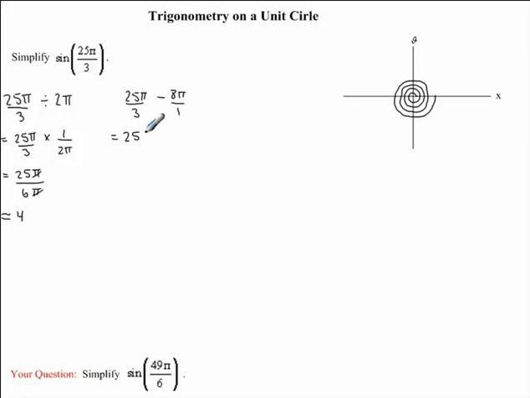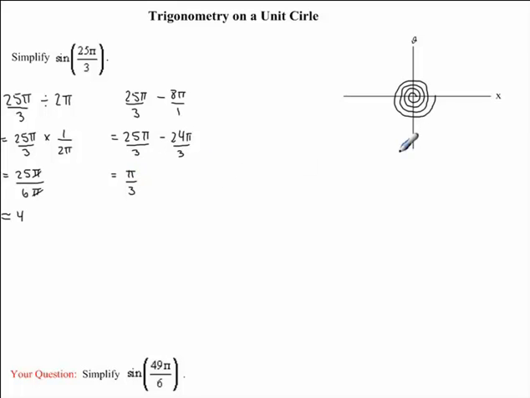So we will have 25 pi over 3 minus, to get 3 as a denominator in our second fraction, we need to multiply the top and bottom by 3. So we will have 24 pi all over 3. Now we're just going to subtract our numerators. 25 pi minus 24 pi is pi, and we leave the denominator over 3.